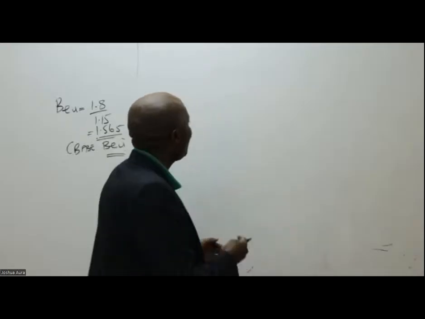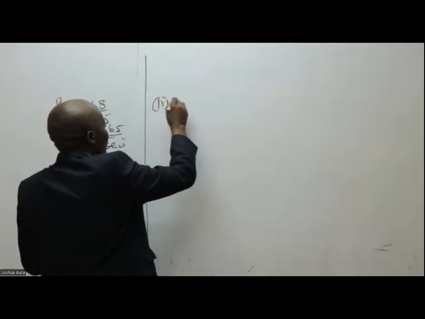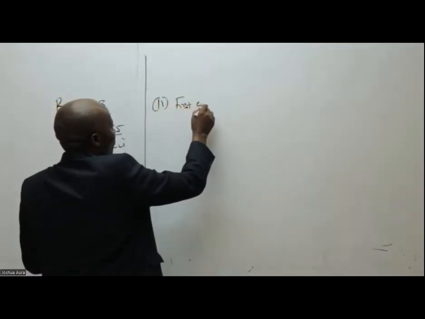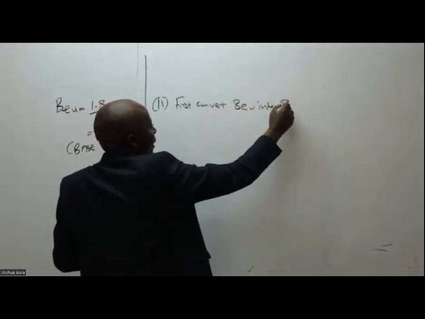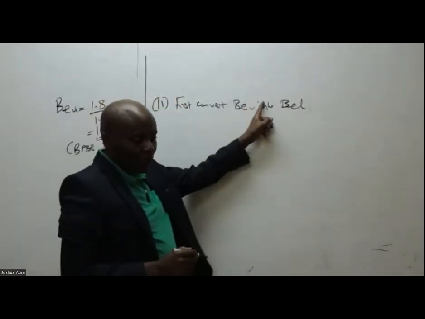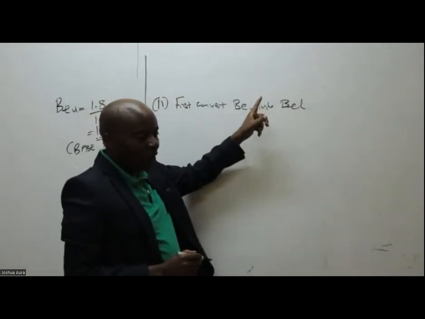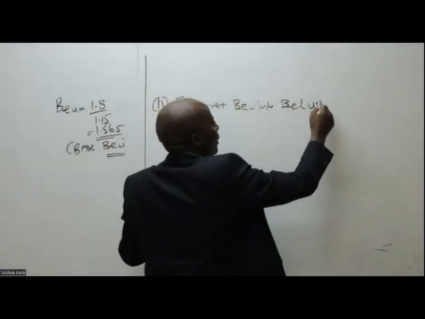So the first thing we need to do here, Roman 2, first convert BEU into what here? Into BEL, the beta equity of a levered organization, using Hamada's model.